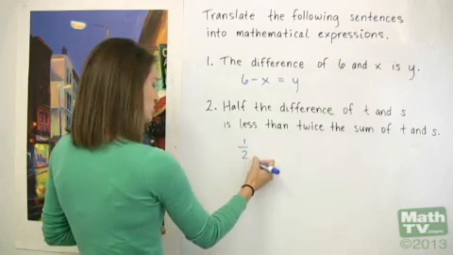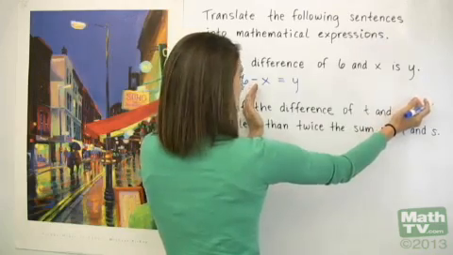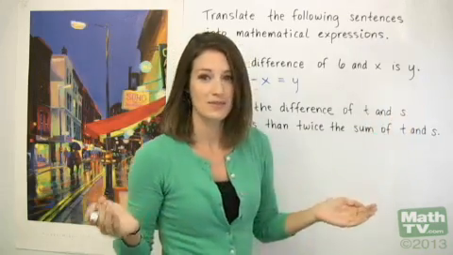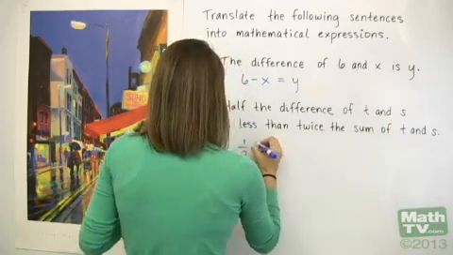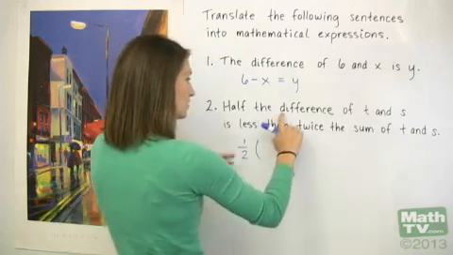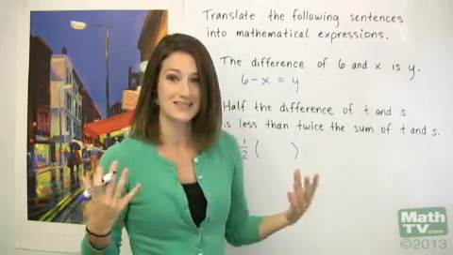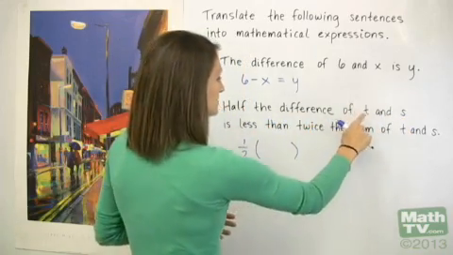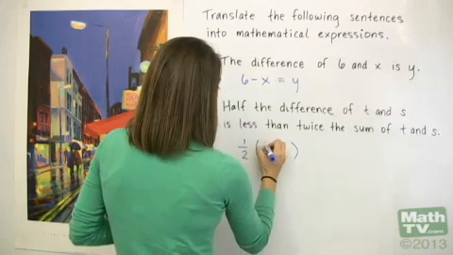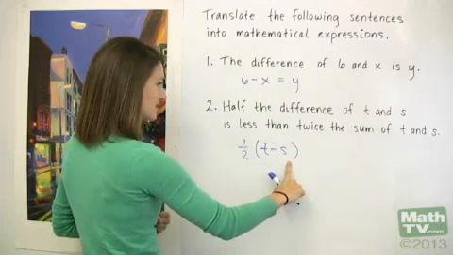Now this fraction here is we're taking half of this quantity, the difference of t and s. So that means that we're going to put some parentheses into our expression. And inside our parentheses, we're going to write the difference of t and s. Now difference again represents subtraction, so we're going to subtract t and s. So t minus s is our expression inside these parentheses.